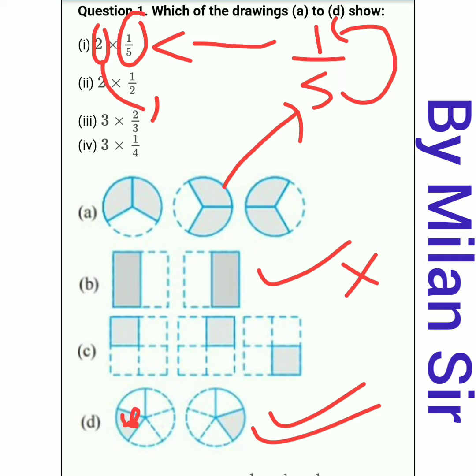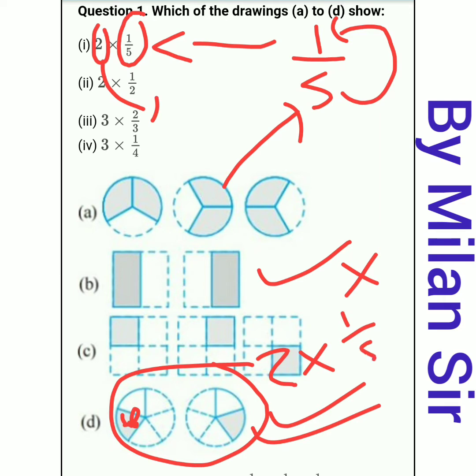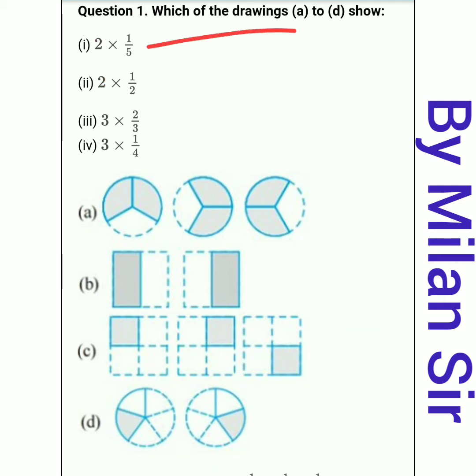Total 5 parts, 1 part shaded, and total number of figures 2. So we match the first with D.